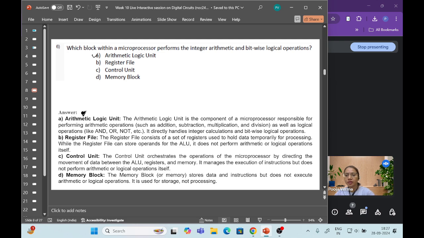So memory blocks are used for storing the data, control units manage the execution of the instructions, register files hold the temporary data while processing, and the arithmetic logic unit is used to perform the arithmetic and logical operations. Okay, so option A is the correct answer for this question.